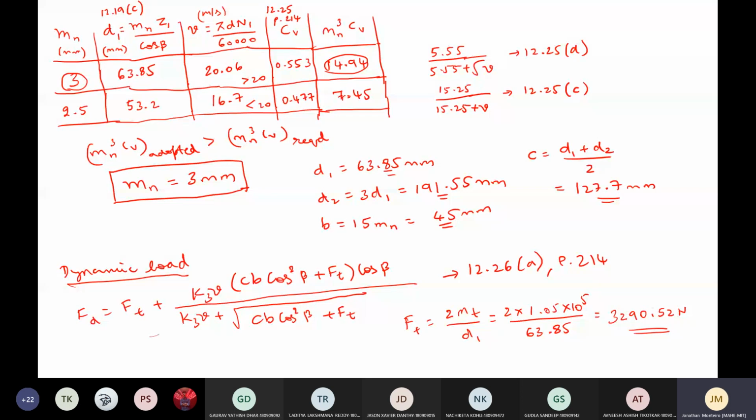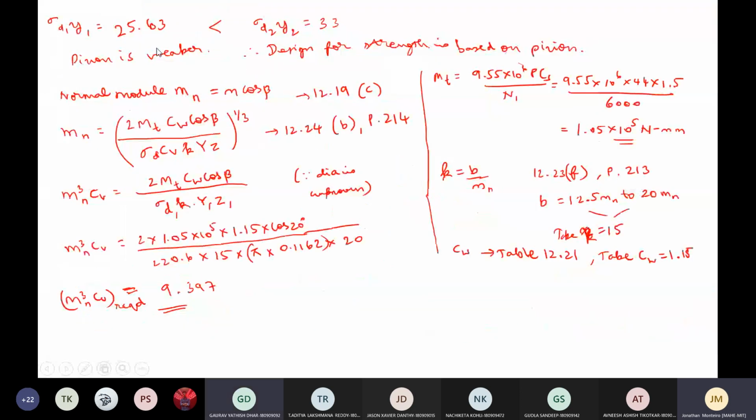Is this the same Lewis equation you're using? This particular one, 12.24A? Not this one, the other. 12.24A, the one above that.